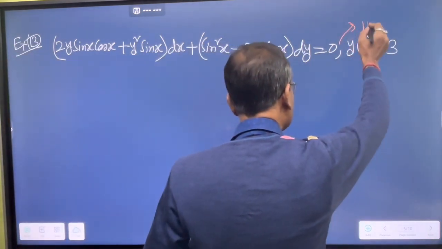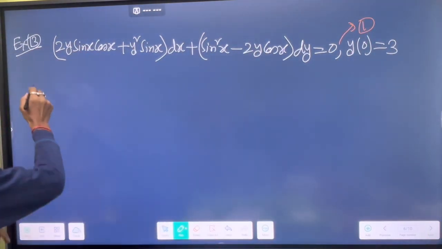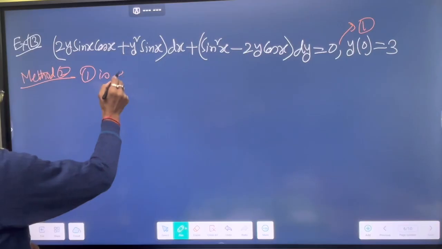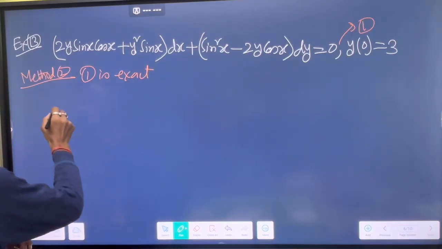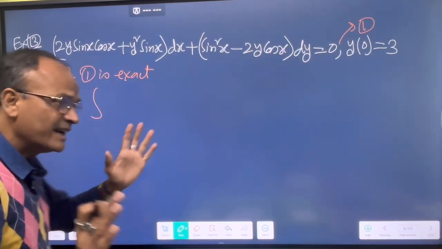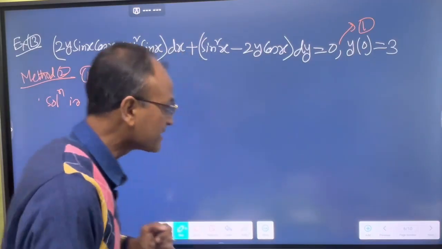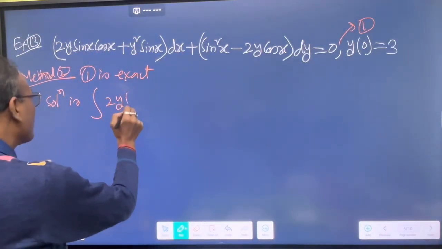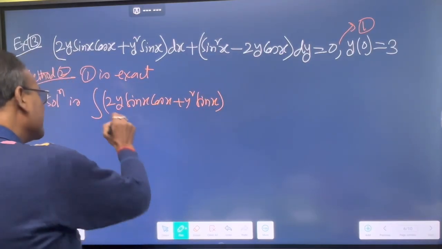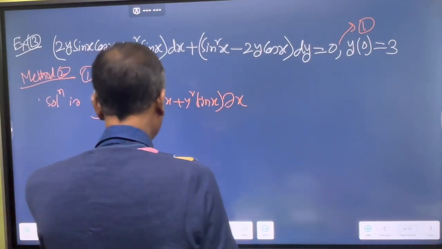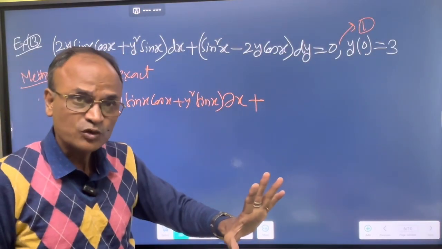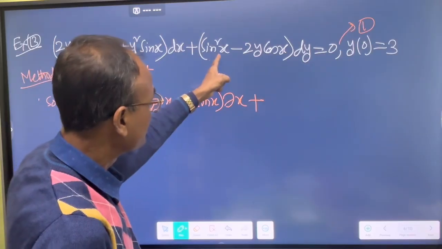This is 1. 1 is exact. Its solution is integral m dx treating y as constant, integral m dx of twice y sin x cos x plus y square sin x, treating y as constant, plus integral of m dy taking only those terms which are free from x, which do not contain x.